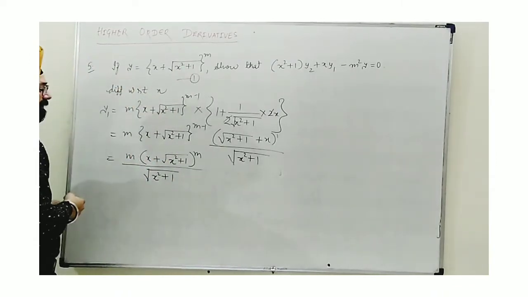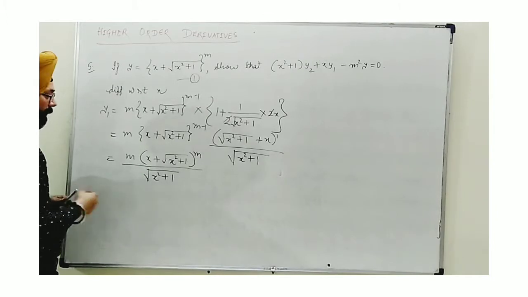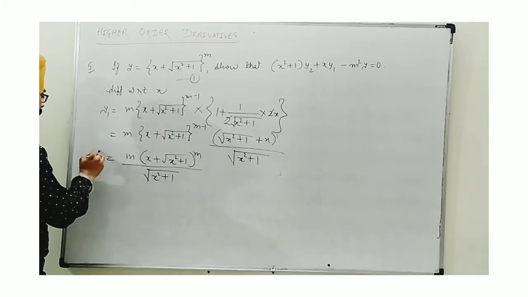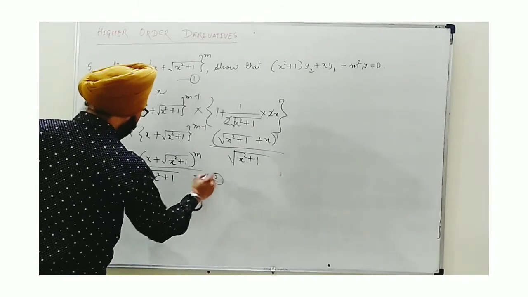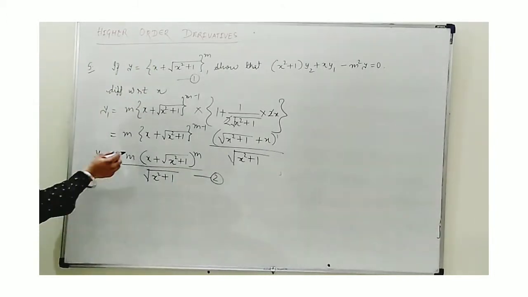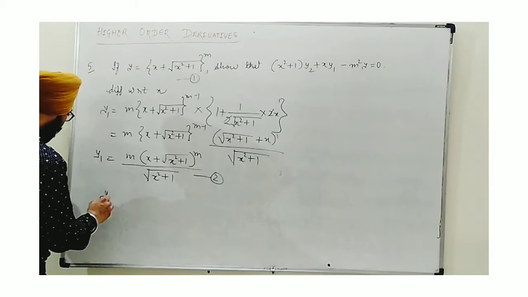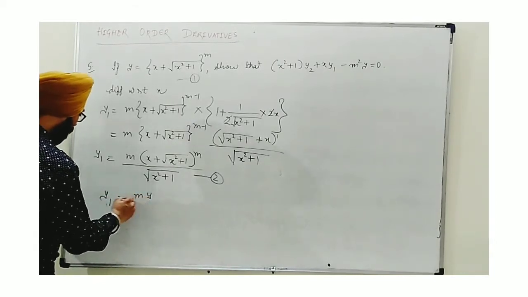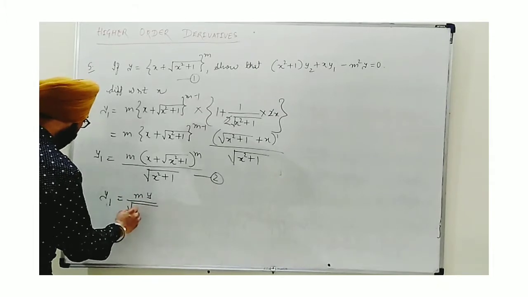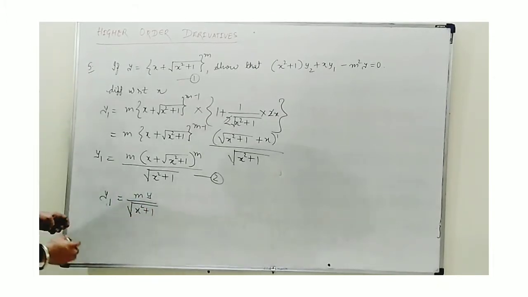We can utilize y because we have to move ahead. So this comes as the value of y1. This is equation 1. This can be taken as 2. As we need more differentiation, we can write here y1 equal to m y upon √(x² + 1).